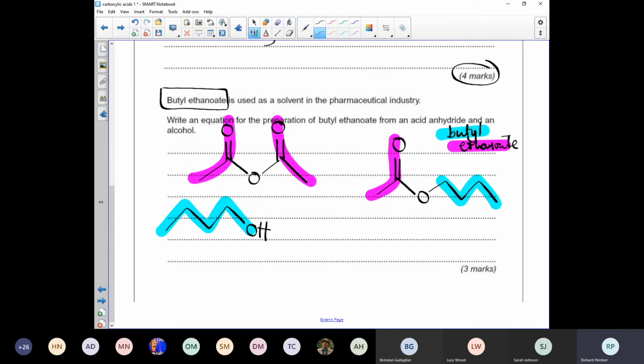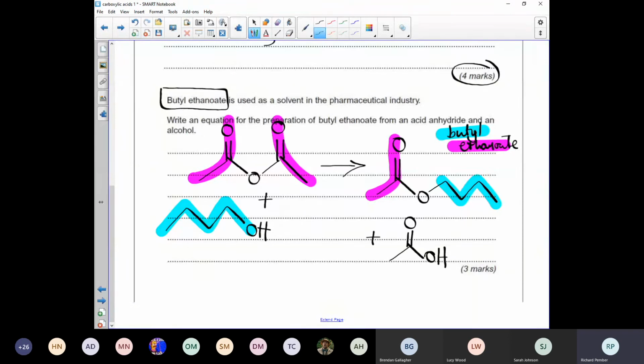Just getting a little bit messy now. So my ethanoic anhydride plus my butan-1-ol, and that's going to make my butyl ethanoate. And the other product, I've been in skeletal, so I'll stay skeletal, is ethanoic acid.